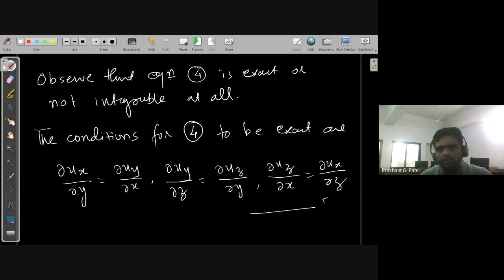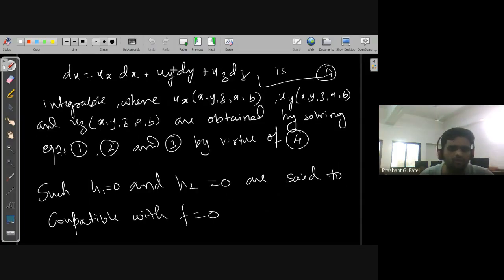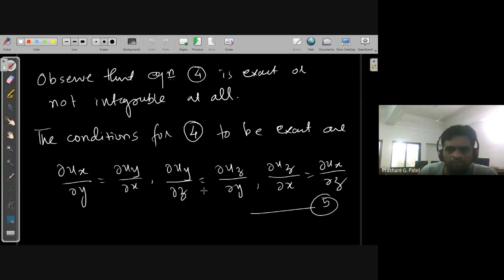Call this equation number 5. This is the condition for equation 4 to be exact.